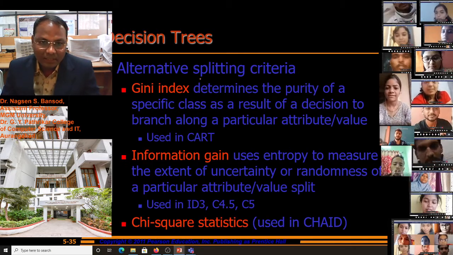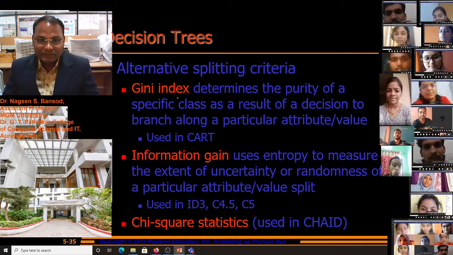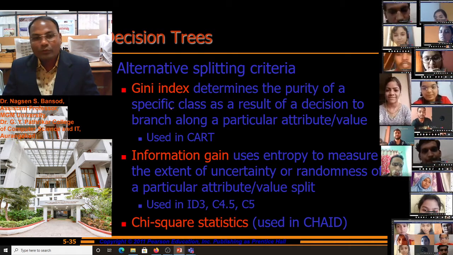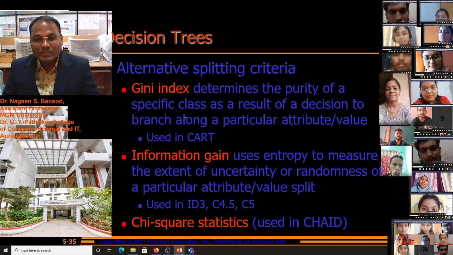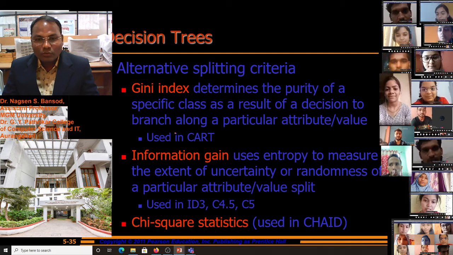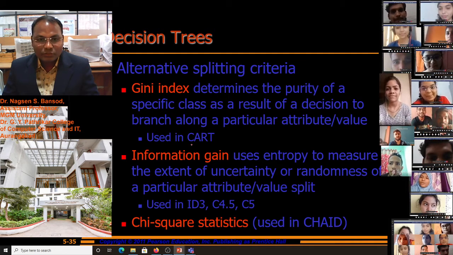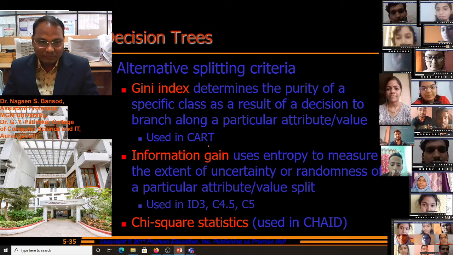Decision tree alternative splitting criteria. Gini index determines the purity of a specific class as a result of the decision to branch along a particular attribute value, used in CART.